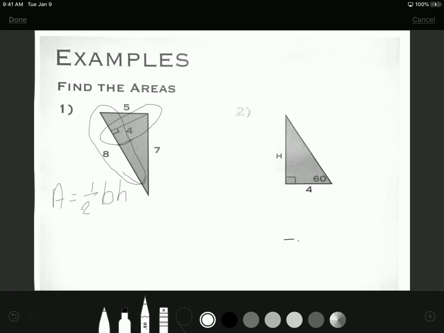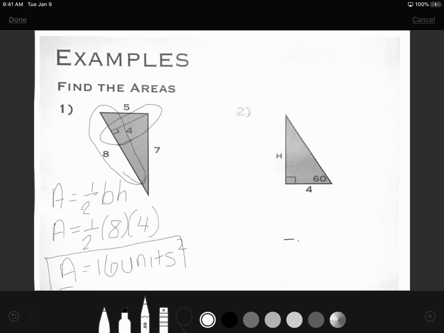So in this case, we want to use the 4 and the 8. We're going to do 1/2 times 8 times 4. Well, we know 8 times 4 is 32, so half of 32 would give us 16. And since we're talking area, it's 16 units squared.